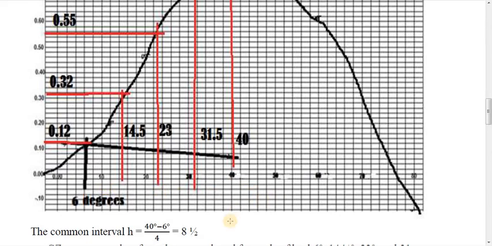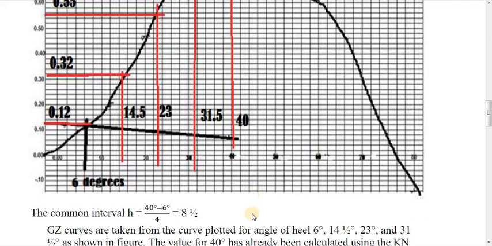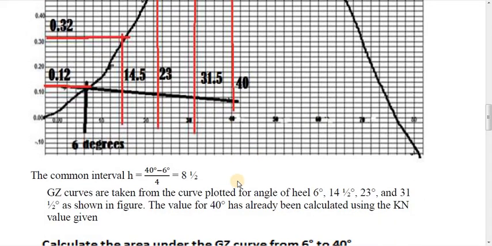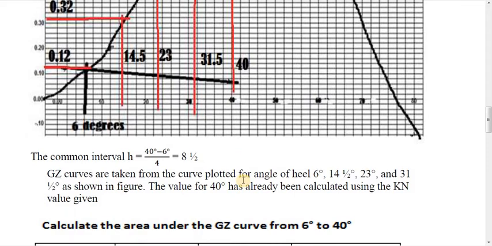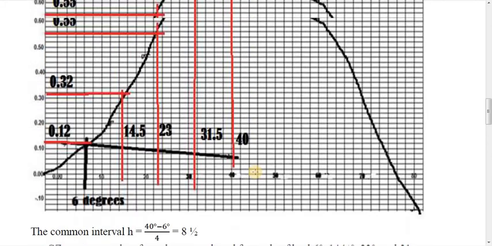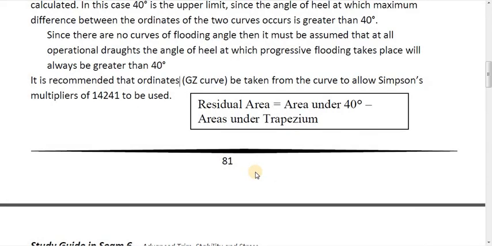Okay, so we have to get the area under the 40 degrees angle, based from the 6 degrees angle of heel. So the area will be covering from 6 degrees up to 40 degrees. The interval will always be divided into 4, to use the Simpson's rule of 1-4-2-4-1.